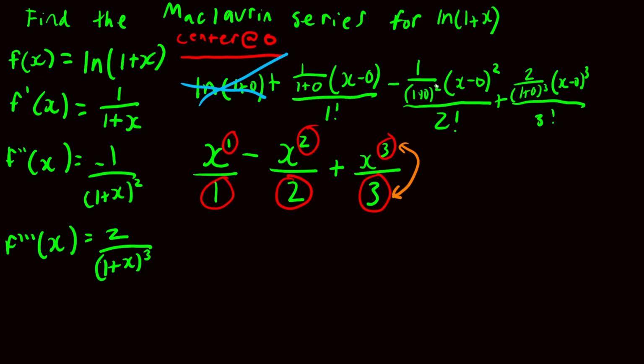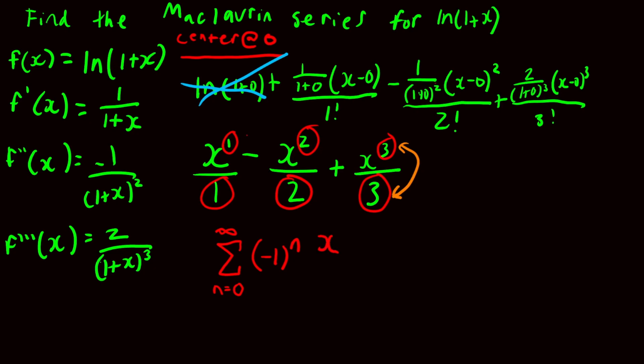So let's write our summation notation formula. Sum from n equals 0 to infinity. We'll have to check that once we're done. So it's negative 1 to the n, right? Because it's an alternating series. And now it'll just be x, right? There's an x in every term.